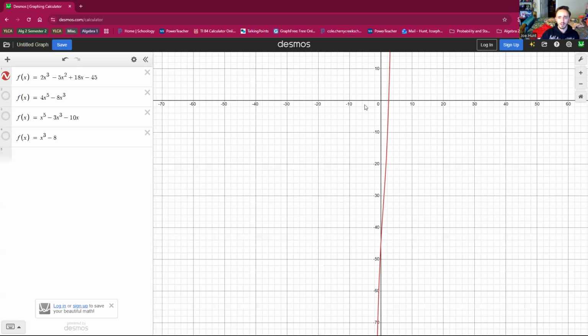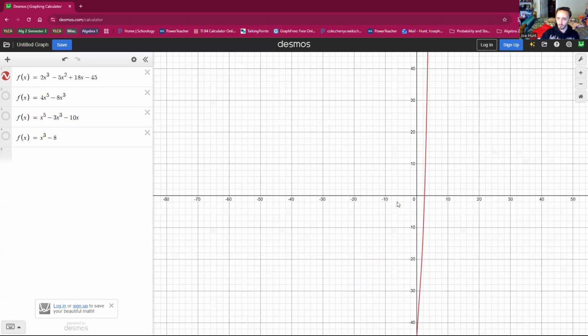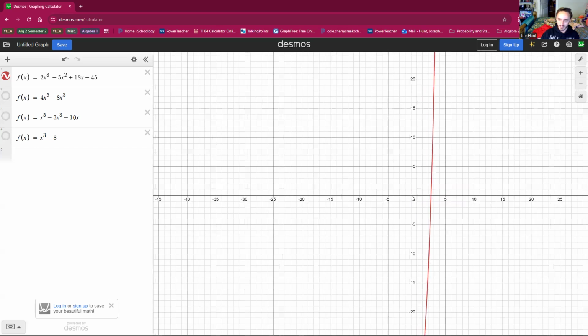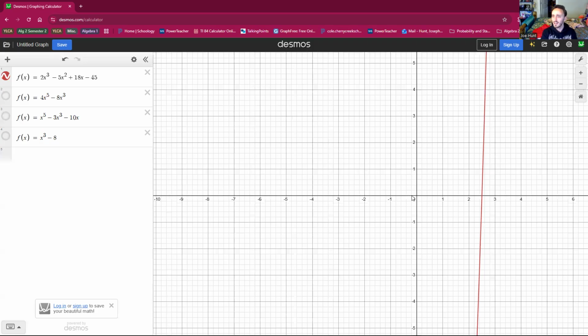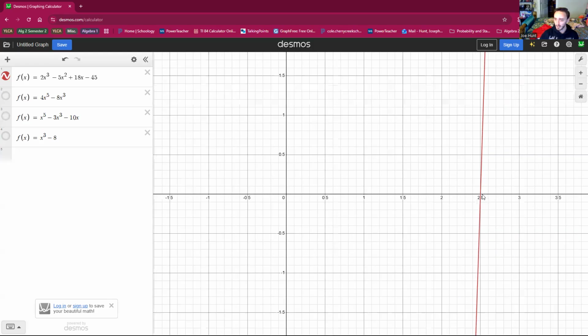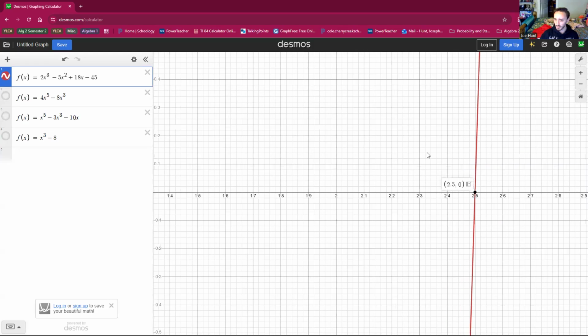Now, I know that a function is going to have a solution when it equals the y value 0, which is the same thing as saying that it's going to be punching through or touching the x-axis in some fashion. I definitely see a place on the graph over here where that seems to be occurring. As I zoom in a little bit closer, what I'm going to notice is that that answer is x equals 2.5, which is the same thing as 5 halves.